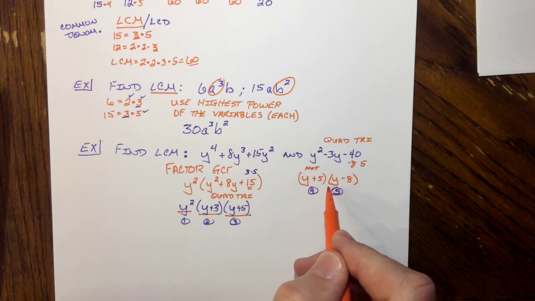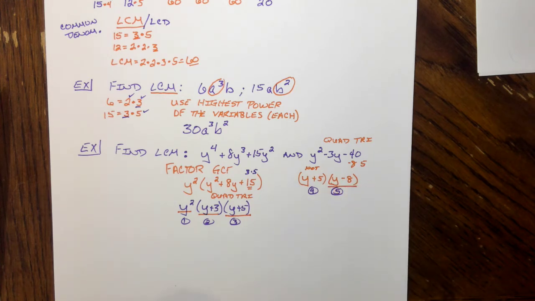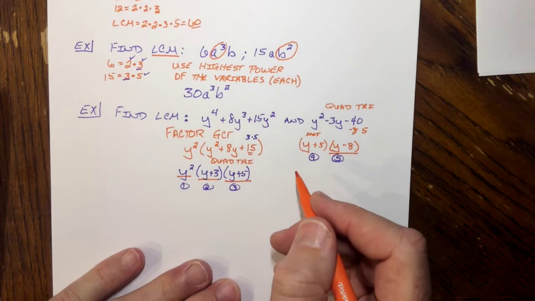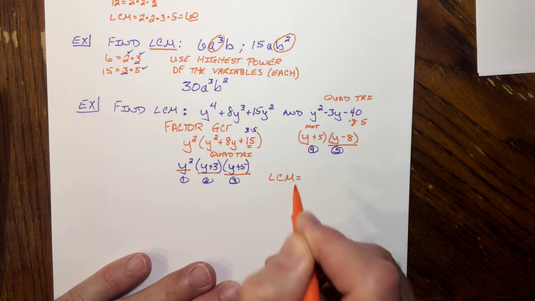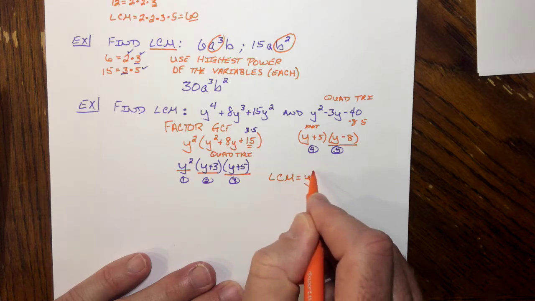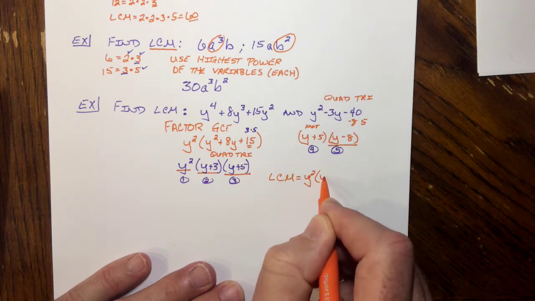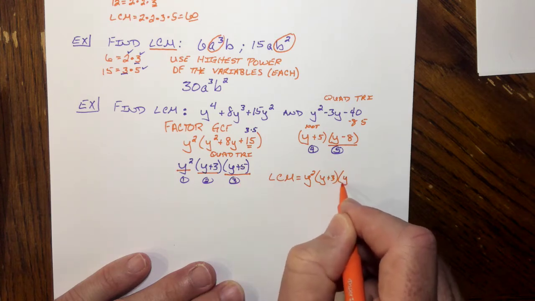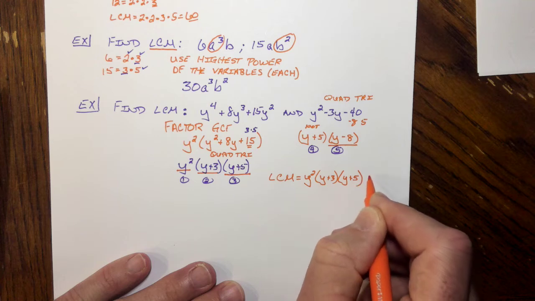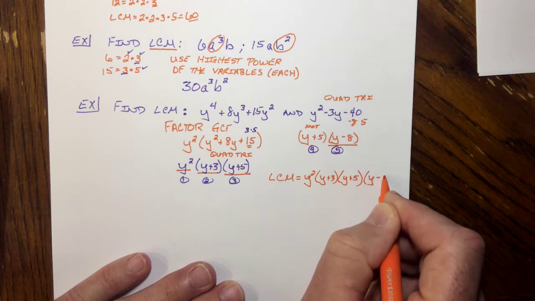And then y minus 8, we've got to use that one as well. So our final answer here, our LCM, is as follows. Y squared times the quantity of y plus 3 times the quantity of y plus 5 times the quantity of y minus 8.